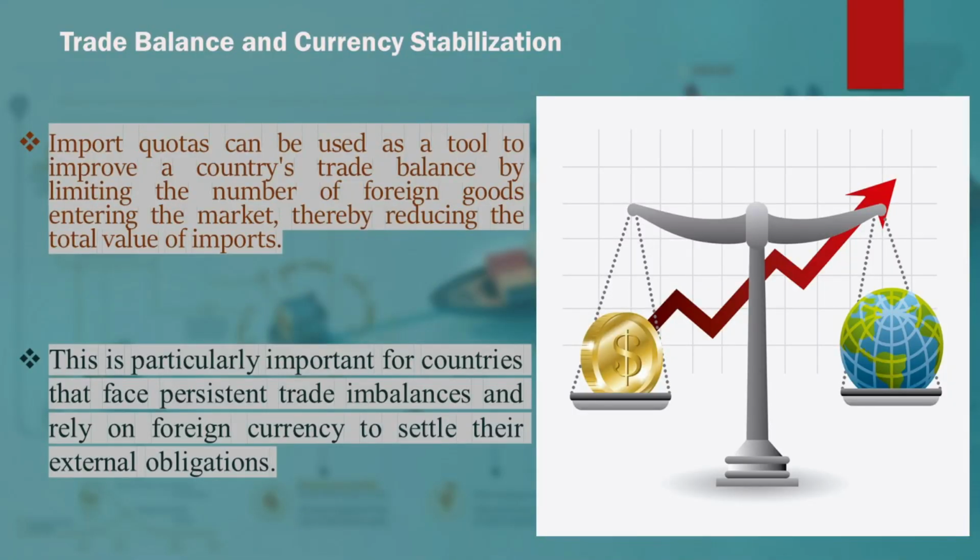This is particularly important for countries that face persistent trade imbalances and rely on foreign countries to settle their external obligations. So what happens when a country's trade deficit is quite large? It can result in a depletion of foreign currency reserves. This is obvious, and it could put downward pressure on the national currency.